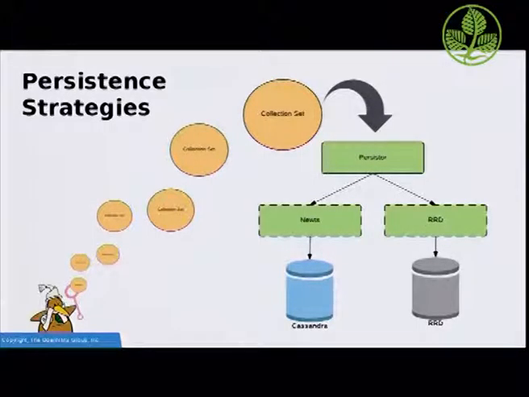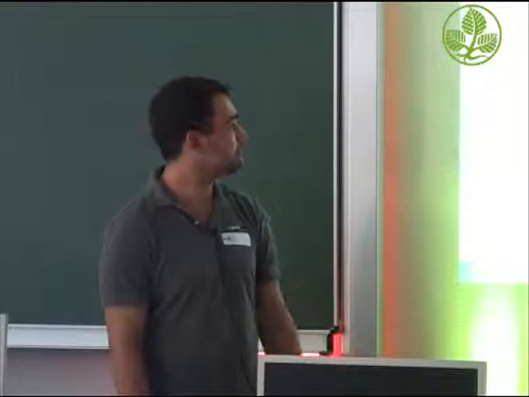So what we did was create a layer of abstraction there called the persister, and based on your configuration, it'll go to either one or the other, right? So the way it's structured in 17 right now, you can persist to either Newts or RRD, not both, right? And again, in the case of Newts, we'll go out to the Cassandra data store. RRD, we'll just write to the files on disk.